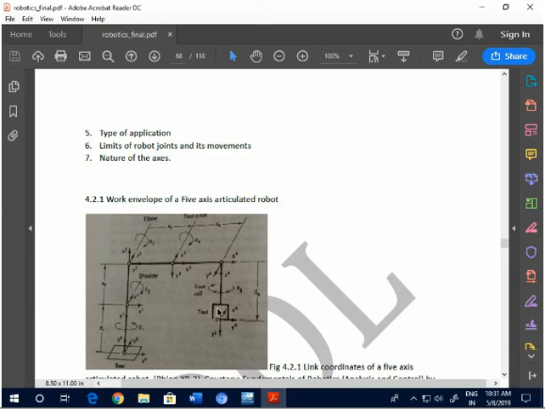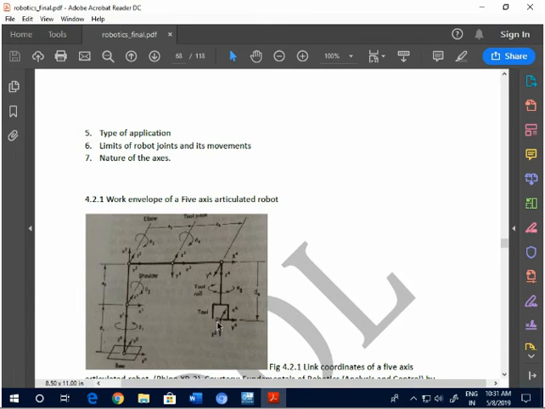Now see. If you see the link coordinate diagram shown out here, you will be able to find out the minimum and the maximum bounds of P. What we are interested in is to find out the work envelope, or the area covered by this point P. So we have to find out the maximum horizontal reach.